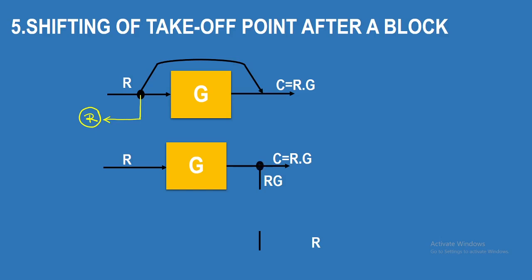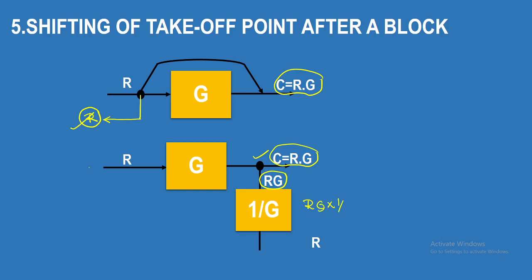Let us consider I have shifted this takeoff point to here. The output does not change, that is, the output in both cases will be the same, and the output of the feedback signal also stays the same, but here you are getting R multiplied by G. I want the output of the takeoff point to be only R. So I multiply with 1 by G, so R into G is multiplied with 1 by G. The G gets cancelled, and the final output of the takeoff point remains R, here also R, and here also R. That is the shifting of the takeoff point.